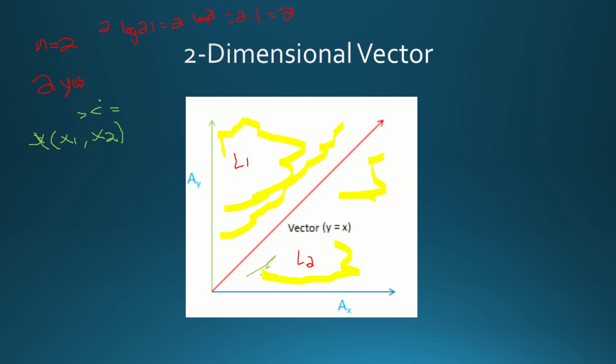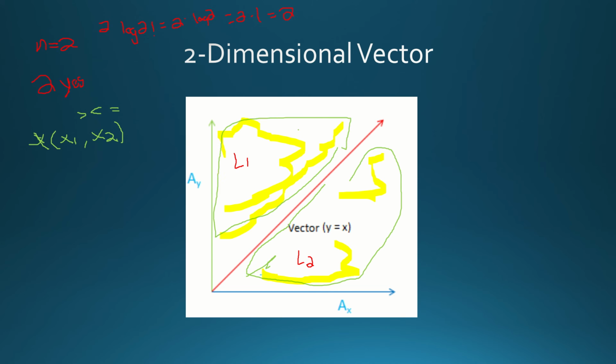When they're equal, we know that the answer is no. So this vector right here is saying that the first and the second are equal, which means no, and that separates the region. L1 can't cross down to L2 and so forth. Therefore, L2 is its own separate region down here, and L1 is its own separate region.